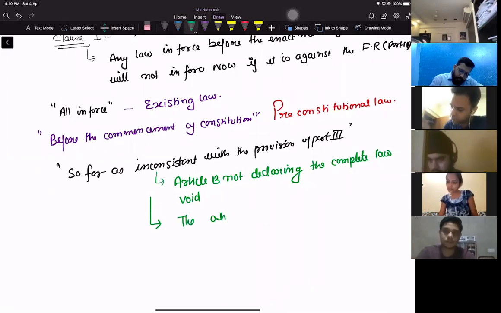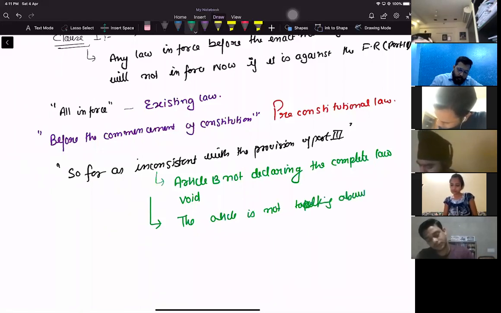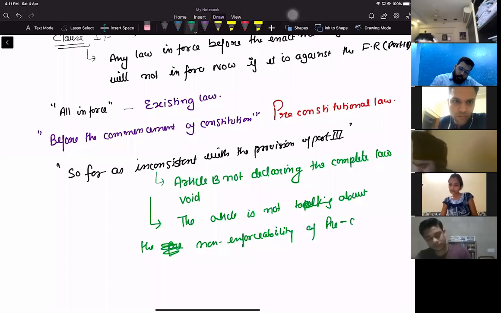The article is not talking about the non-enforceability of pre-constitutional law.